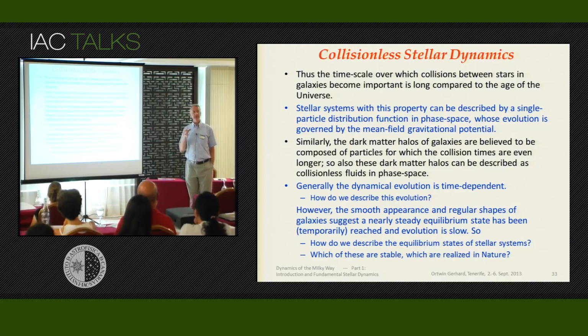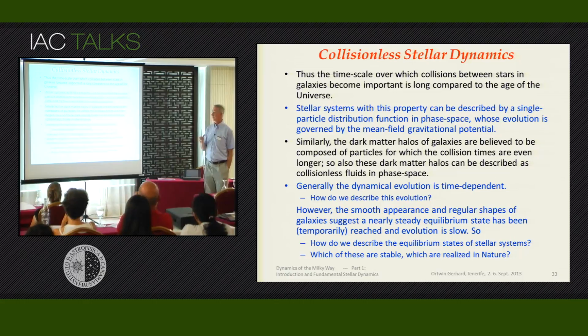Now generally, that doesn't mean we're time independent. Of course we're time dependent. And then the question is, how do we describe that? One way we heard already was by n-body calculations. And then we could also say that because galaxies generally look regular on the sky and have a smooth appearance, they cannot all be in a stage of rapid evolution.